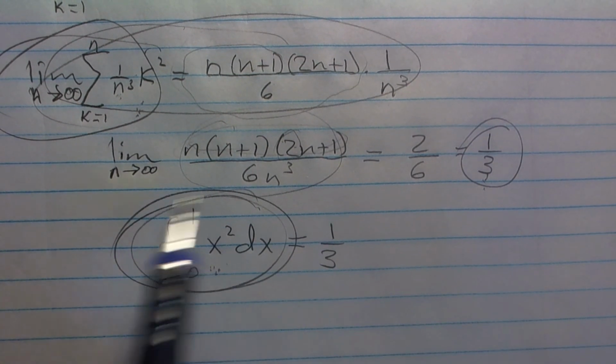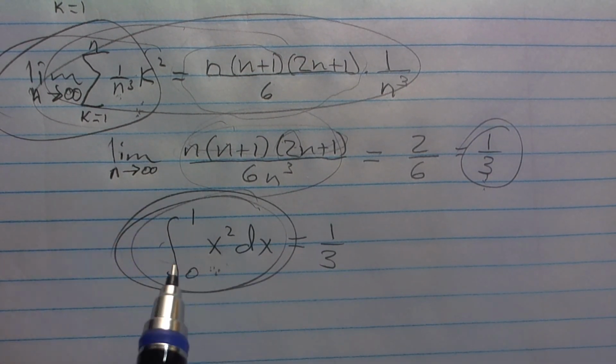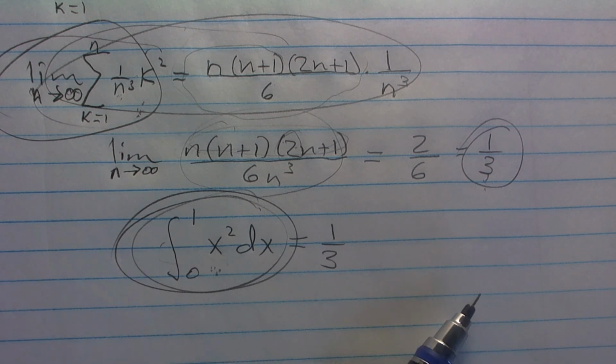So this is called a definite integral. The definite integral is defined to be the limit of the Riemann sums. Think of an integral as a very powerful adding machine. It adds up infinitely many things.